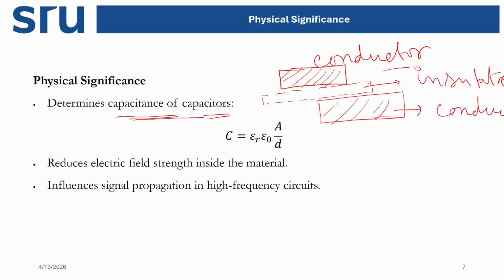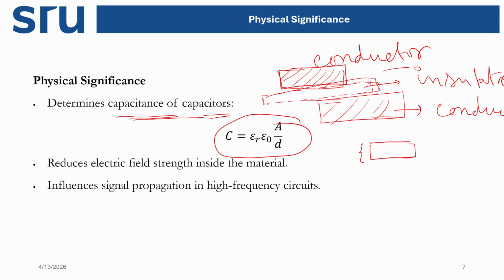Now when we apply the electric field between these two conductors, we calculate how much charge this insulator can store. This is the capacitance of the capacitor. How will we calculate the capacitance value? We will calculate it using the area of the device we have taken.